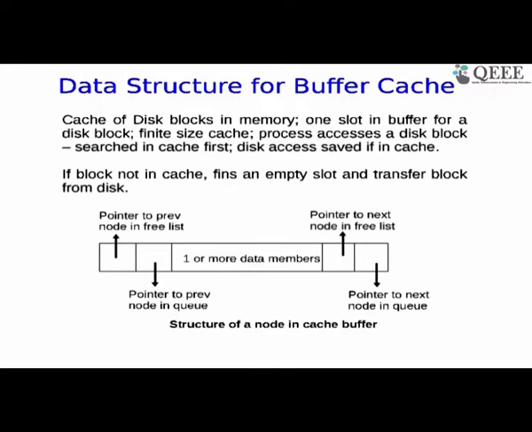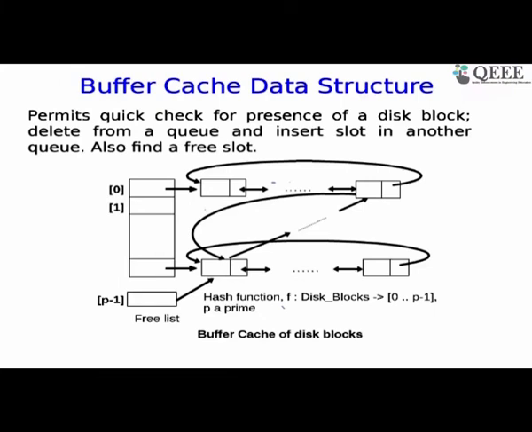It is a multi-linked list, as I showed you on the next slide. Things are organized in a queue because I want to know who has been there in memory for a longer time, who can be evacuated, and the slot released for another request. When you know the problem, you'll appreciate the data structure, but if you know how to handle a circular linked list and an array, the rest is sort of easy.